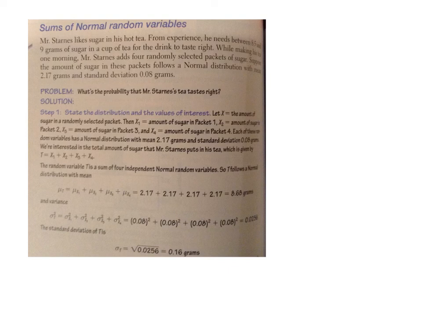Remember, when we do these normal problems, we have our 3-step process: stating the distribution and the values of interest, performing the calculations, and then answering the question. For step 1, let X be the amount of sugar in a randomly selected packet, so X1 is packet 1, X2 is packet 2, X3 is packet 3, etc. Each of these random variables has a normal distribution, with a mean of 2.17 grams and a standard deviation of 0.08 grams.